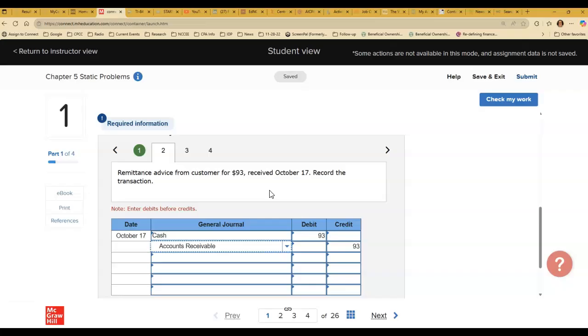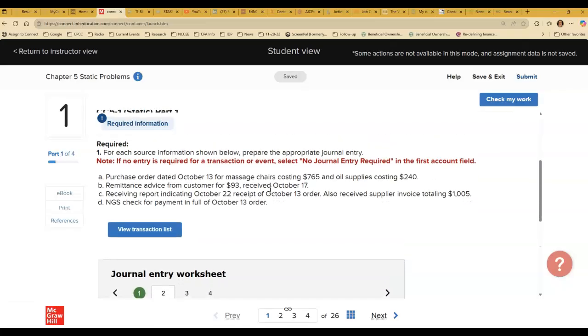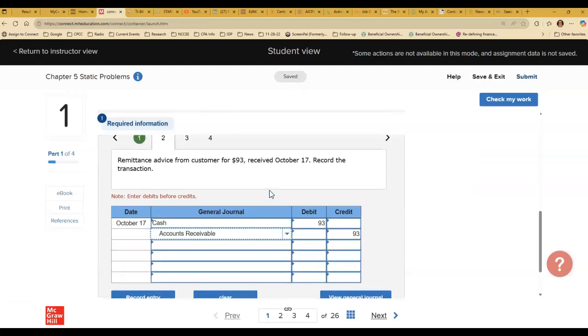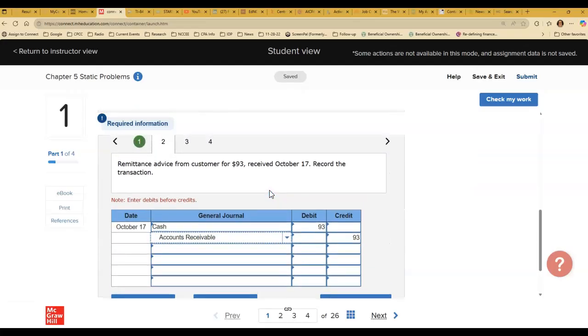Why are we choosing the accounts receivable versus the service revenue? Bingo. The customer is sending us money for something that we've already done. So there's a little bit of a deeper thought process that has to go on there, right? Because the assumption is that we've already provided the service or the product in the past. And now we're just collecting it.